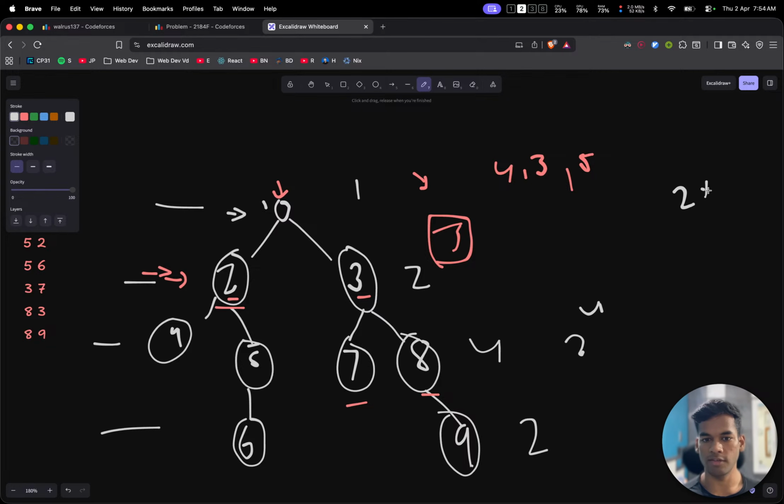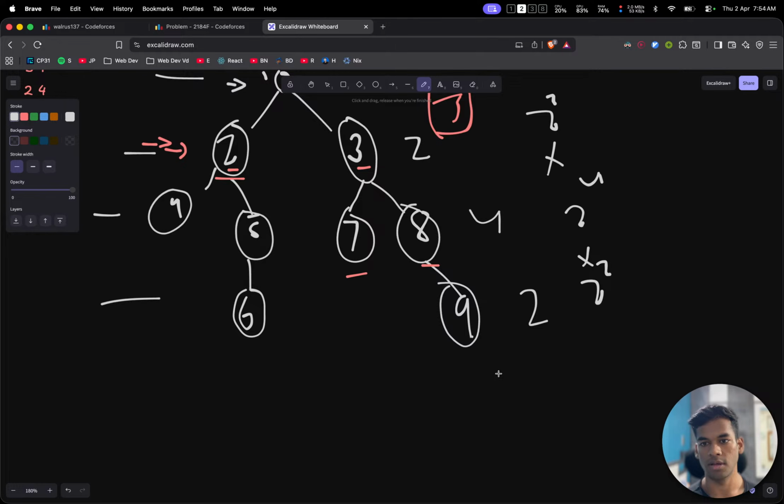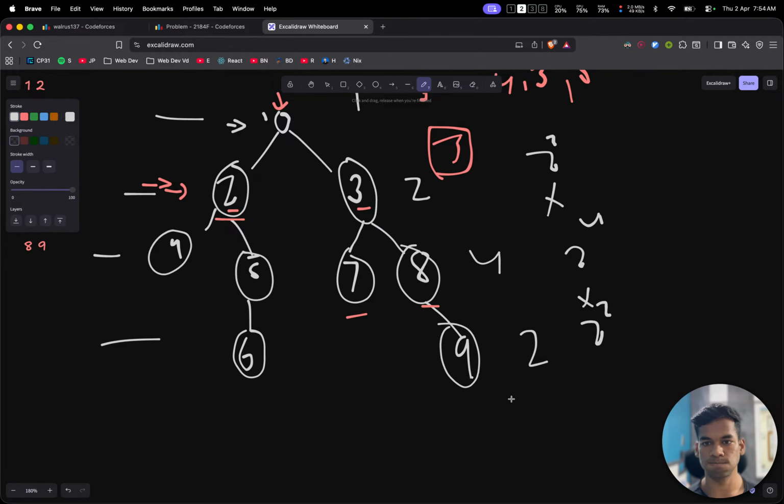Two possibilities multiplied 4 times for 4 nodes. So 2 power 4 here, 2 power 2, 2 power 2 and 2 power 1, and multiply all of them together. That is a very big number.